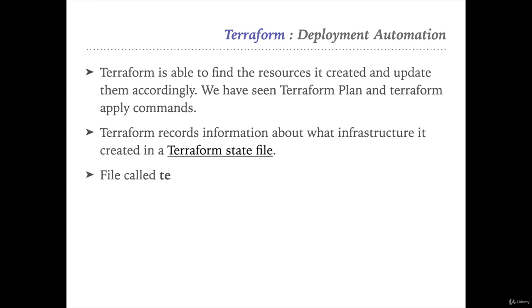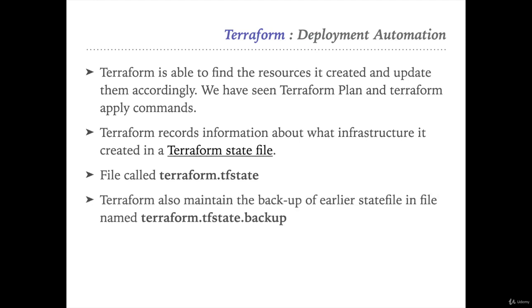Terraform always creates a file called terraform.tfstate in the same directory where you execute terraform plan and terraform apply. That terraform.tfstate file is a JSON file which contains the complete infrastructure detail pushed by Terraform. Terraform also maintains a backup of the earlier state file, named terraform.tfstate.backup.